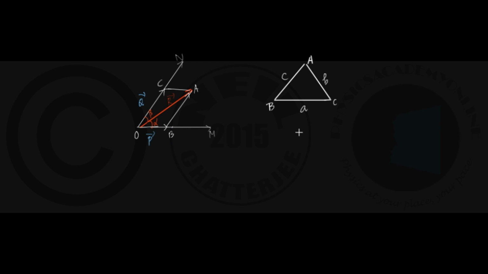So it can be shown that, this is called law of sines, a by sine A, where a is of course the length BC of the side opposite to the angle A. This was angle A, capital letter, and small a for the length of the side opposite to angle capital A. Similarly, b by sine B is equal to c by sine C. This is the law of sines.